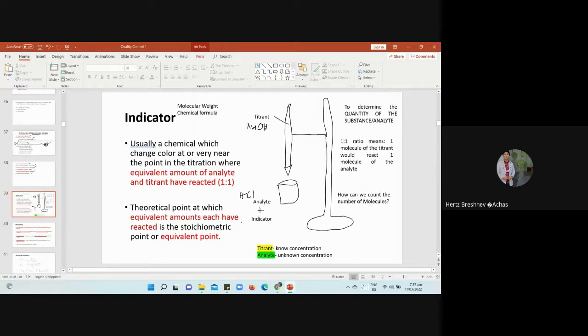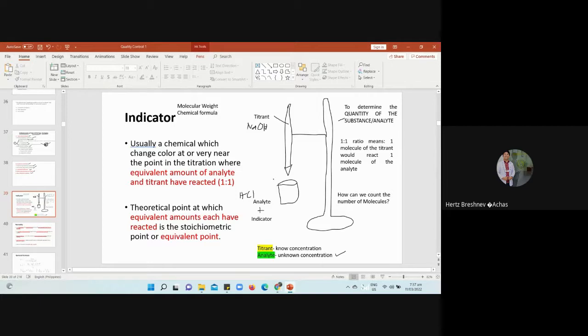Now, let's go back to the first question: to identify the quantity. You said, sir, 1:1 ratio. Our main objective is to identify the quantity. How can we use the 1:1 ratio to identify the quantity of the analyte?